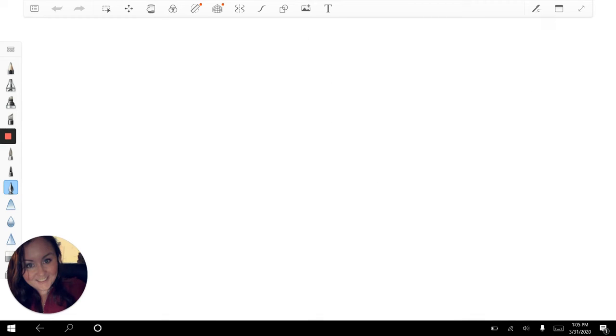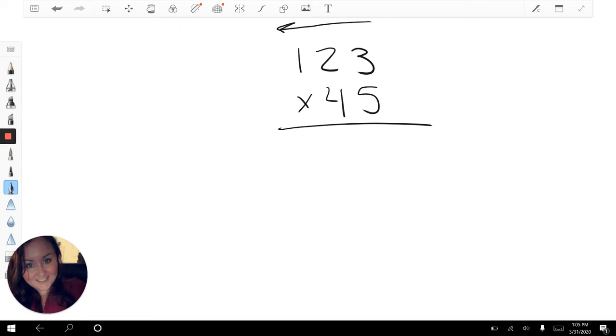Okay, so now we're going to get into the multi-digit. If I were to do 123 times 45, we know we're going from right to left, and we're starting with the 5. So we have 3 times 5, which is 15. We write the 5 and carry the 1.